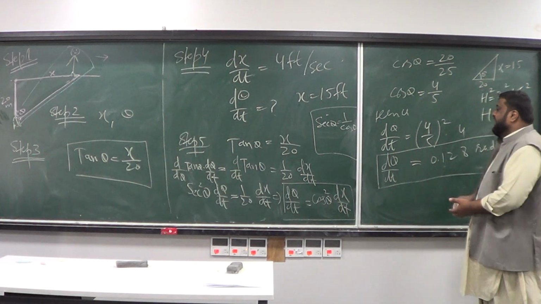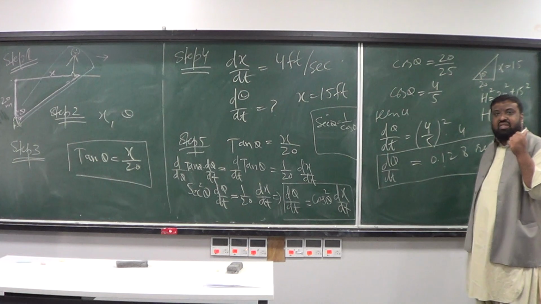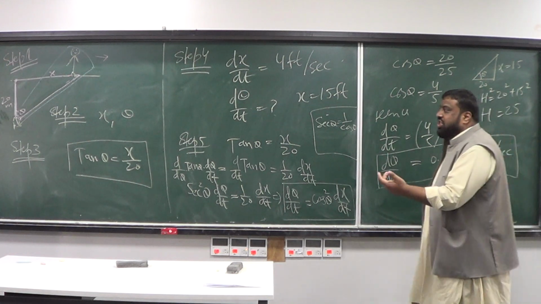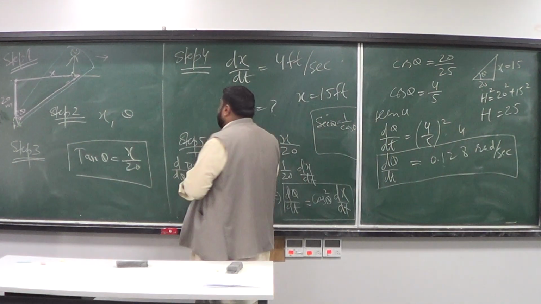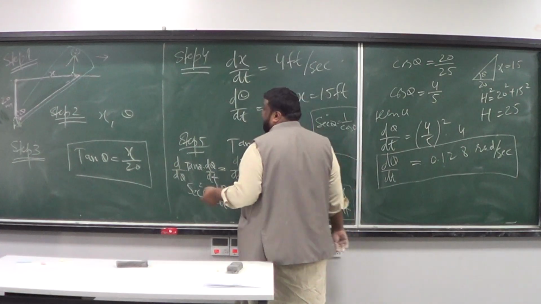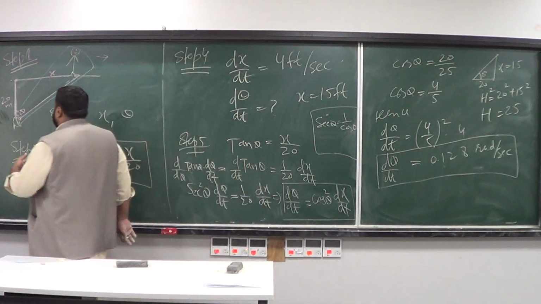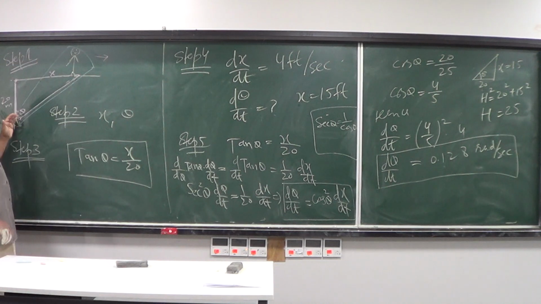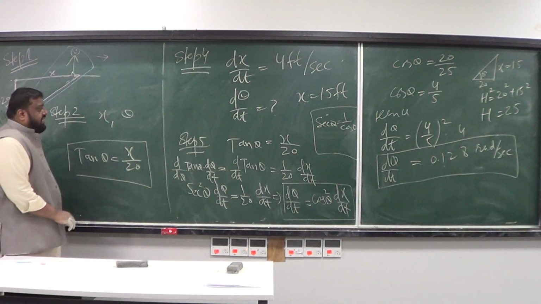The automated machine can do these calculations and make a decision: once I have calculated this, I need to rotate the light at 0.128 radians per second in order to spot the person.